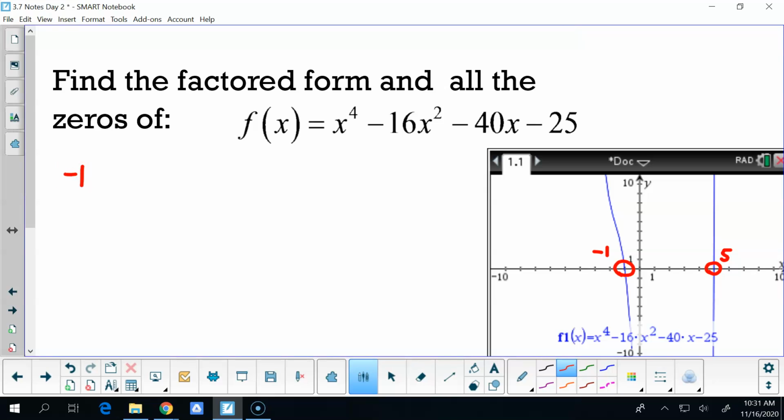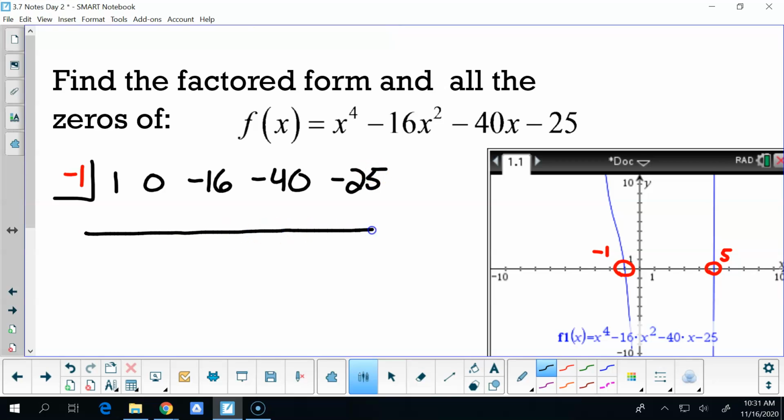Since it told me I didn't have to do a list, that's fine. But my list would have been short on this one. It should have only been plus or minus 1, plus or minus 5, and plus or minus 25. So 1, 0, negative 16, negative 40, and negative 25.